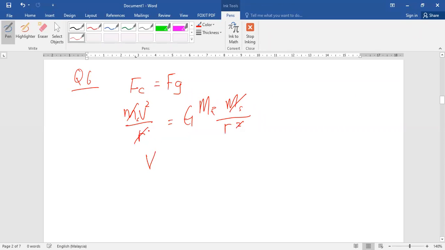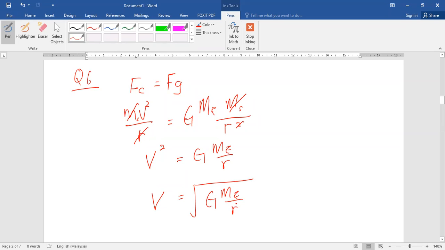At the end, the square of the speed of the satellite is equal to G M_E over the distance from the center of the Earth. So v, the speed of the satellite, will be equal to the square root of G M_E over r.